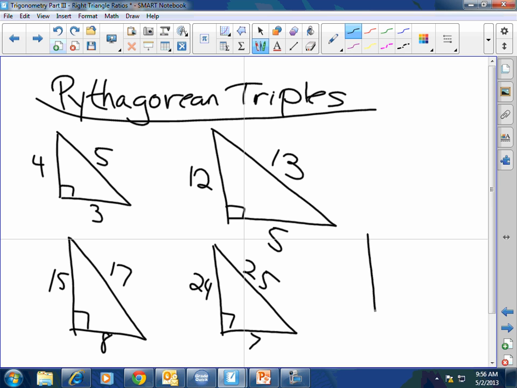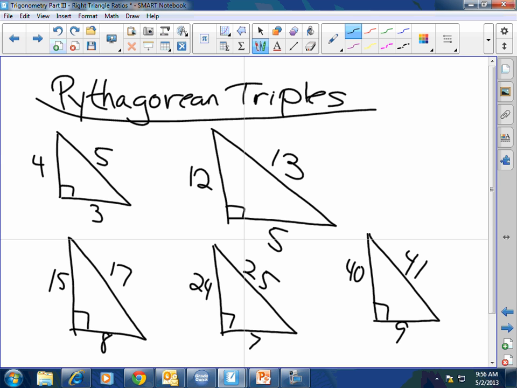And you have a 9, 40, and 41. Those are very commonly used Pythagorean triples. This will save you oodles of time if you know them. So that's just a little aside there.